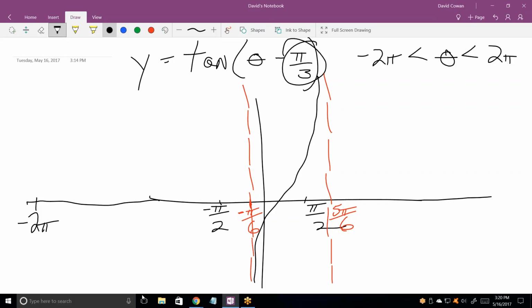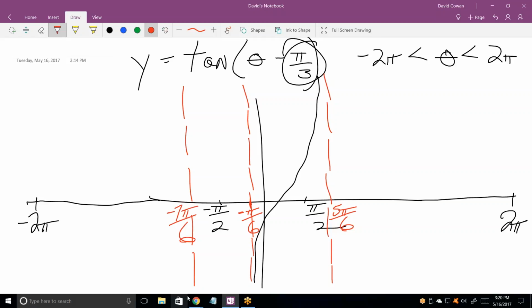We'll call this plus 2 pi. And if I draw my asymptotes, a bunch of them, what's this asymptote at? The one on the left side, it is at negative 7 pi over 6.